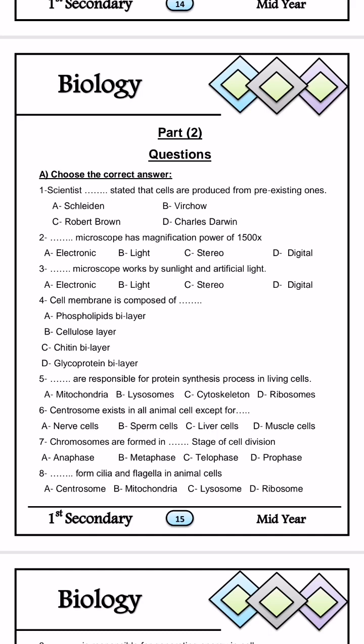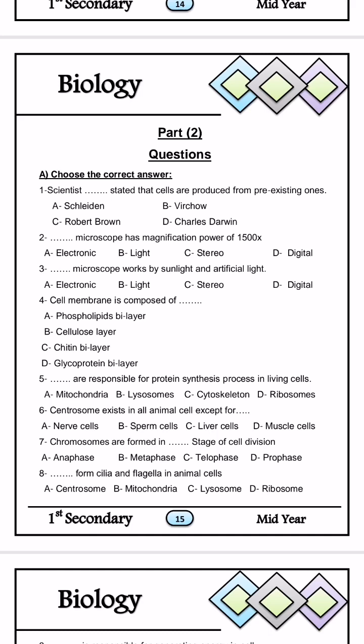Number 7. Chromosomes are formed in which stage of the cell division: anaphase, metaphase, telophase, or prophase. The answer is metaphase. Number 8. Which organelle forms cilia and flagella in animal cells: centrosome, mitochondria, lysosome, or ribosome.